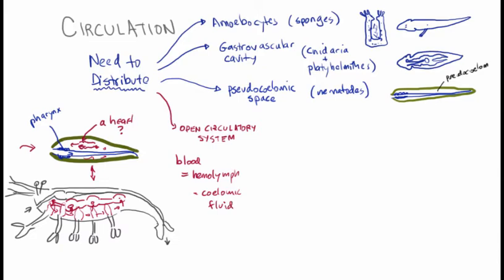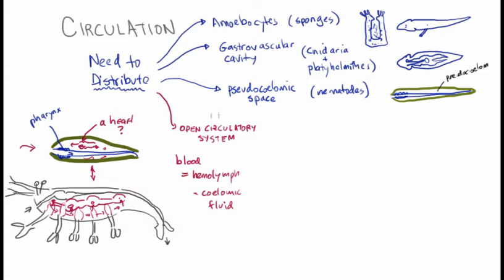Now, in contrast to an open circulatory system, the closed circulation is somewhat more complex. It basically requires the separation of the circulating media into 2 separate compartments. You've got the blood, which stays inside of the vessels, and then you've got the coelomic fluid, which is outside of the cardiovascular system.